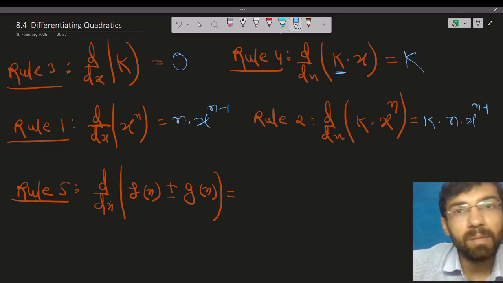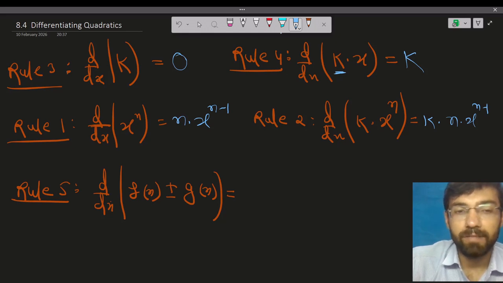Let us see rule number 5. Rule number 5 is d upon dx of f of x plus g of x. f of x is some function and g of x is some other function, and you have either plus or minus in between. So you can separate it: it will be differentiation of f of x plus or minus differentiation of g of x.